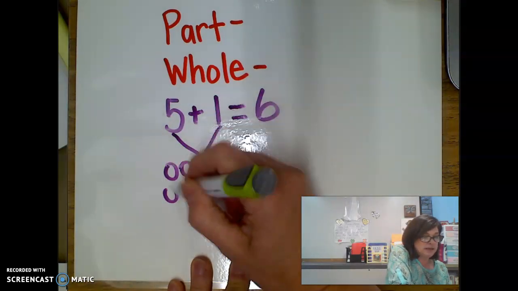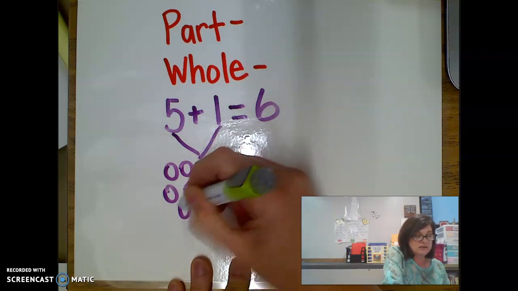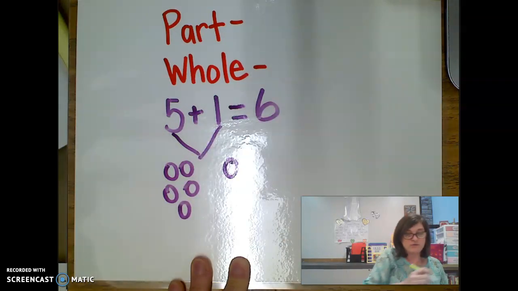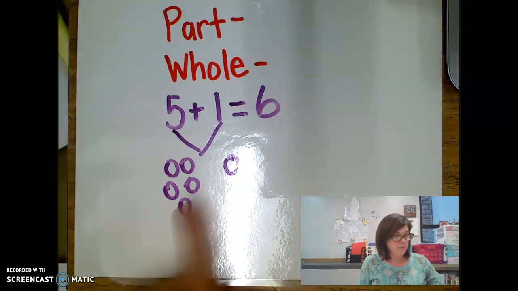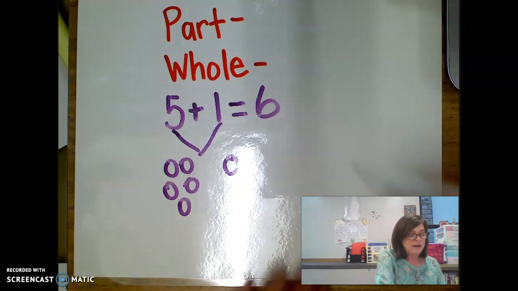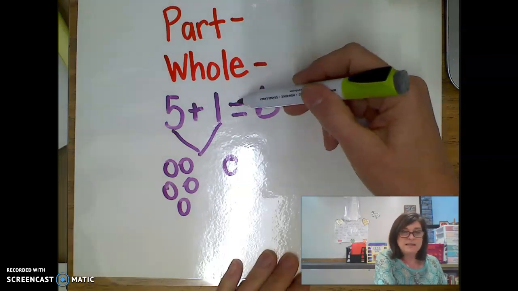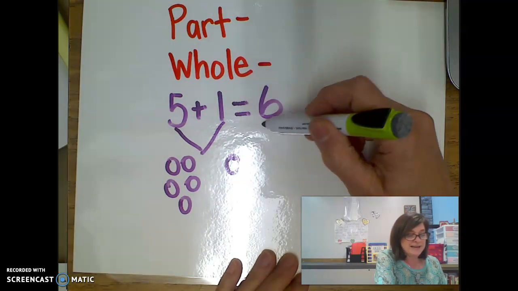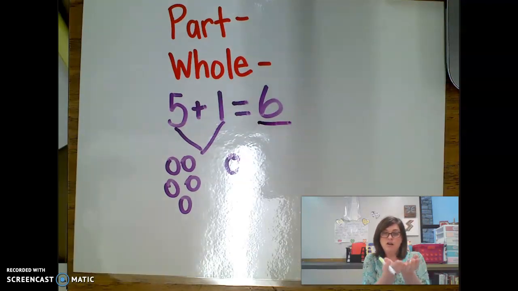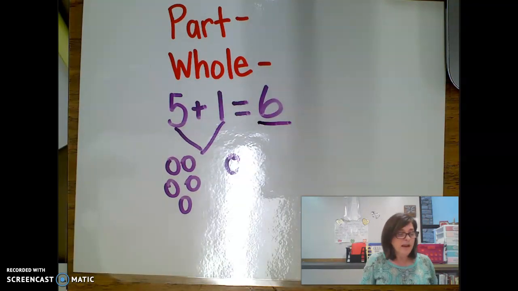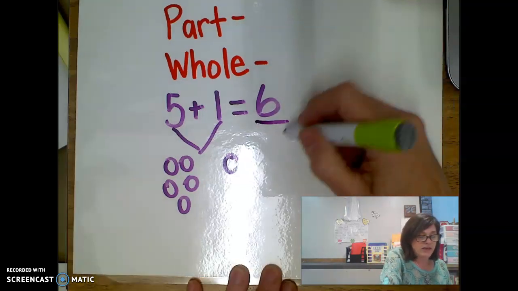Remember, it's super easy to draw circles instead of drawing an actual picture. So I have 5 plus 1 equals 6. And remember, we said equal means the same. So the 6 is telling me how many are all together, and we called that word the sum.